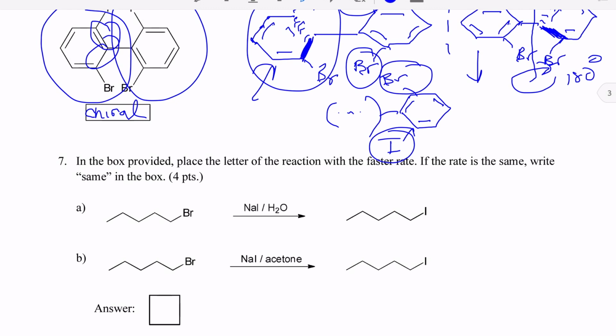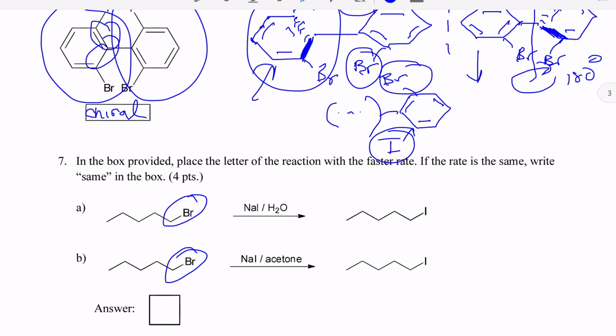We can tell right away that this is a primary alkyl halide. And as this is a primary alkyl halide, SN1 has a very strong preference for tertiary alkyl halides, and SN2 actually has a preference for the opposite order.